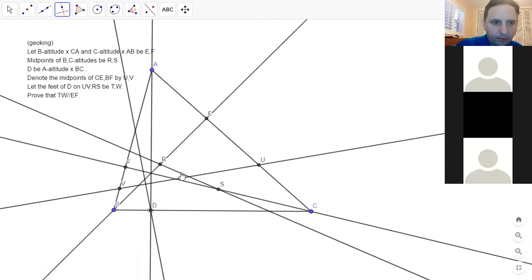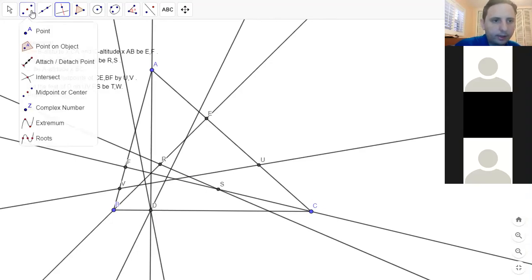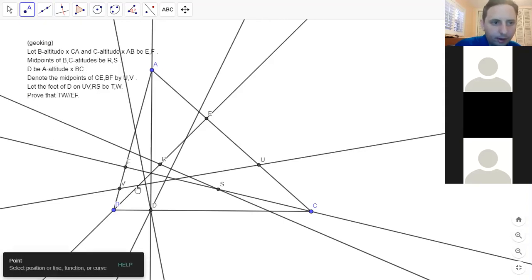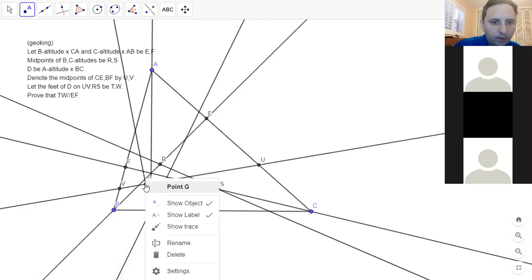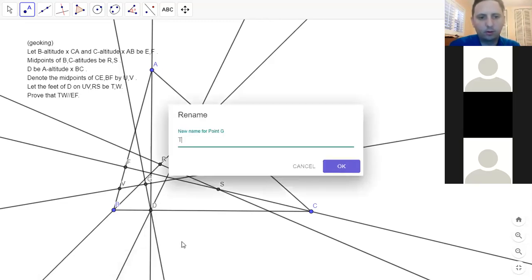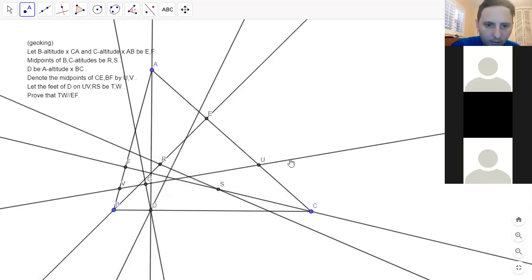And then we want to show TW is parallel to EF. So this is T. And this is W.